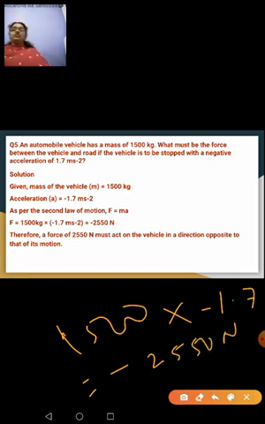So a force of 2550 Newton must act on the vehicle in a direction opposite to that of its motion. Obviously, when you want to stop a car which is coming in front of you, you have to apply a force in the opposite direction. Clear to you? So the force will be a negative force since it is applied in the opposite direction.